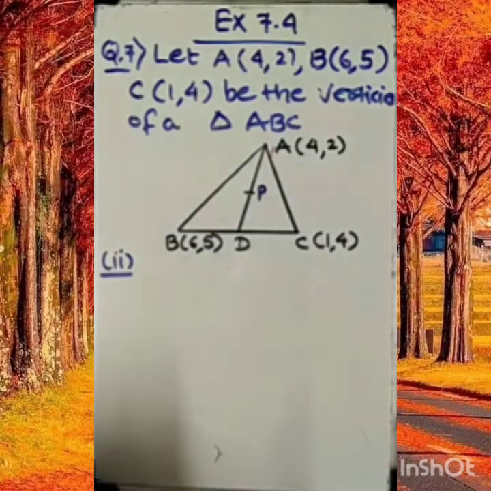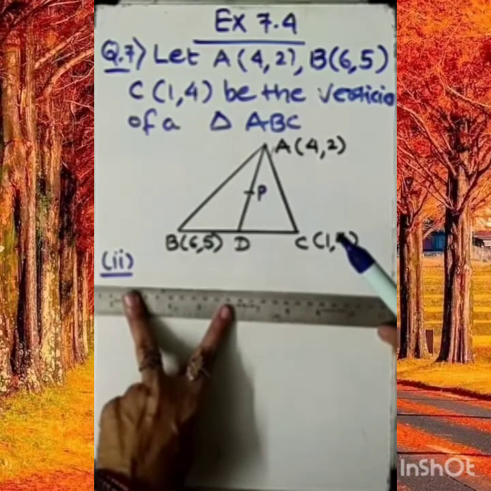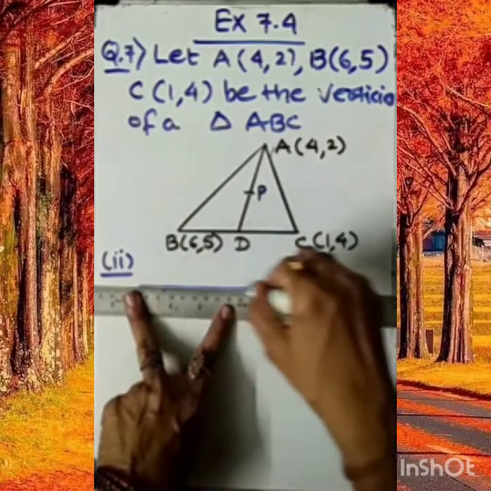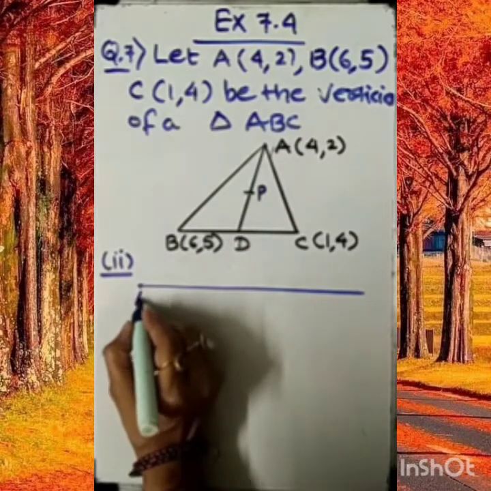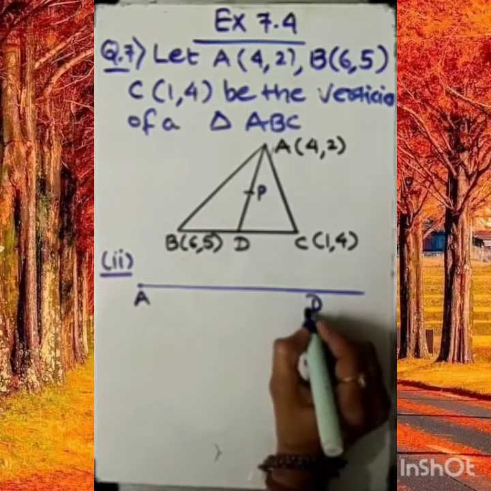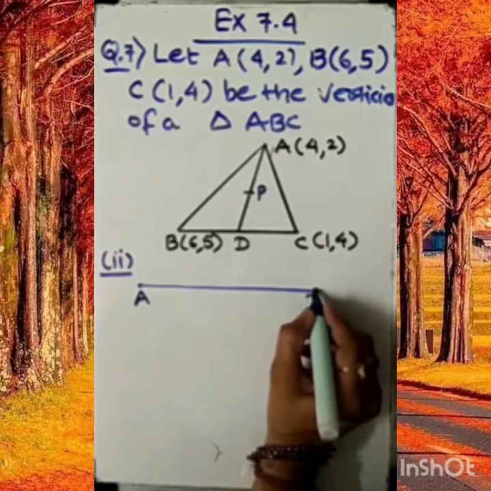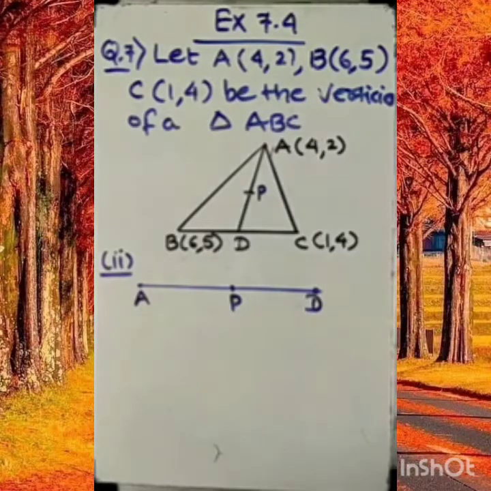So let me draw this as a straight line. I am drawing one straight line, the line segment, with this point as A and this point as D. And P lies somewhere on AD. We have to find the coordinates of point P.